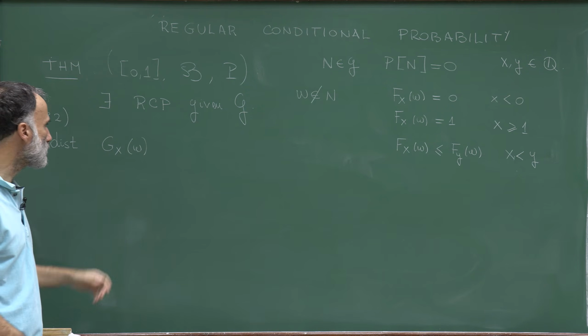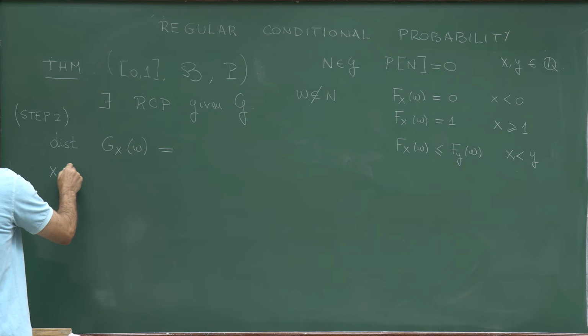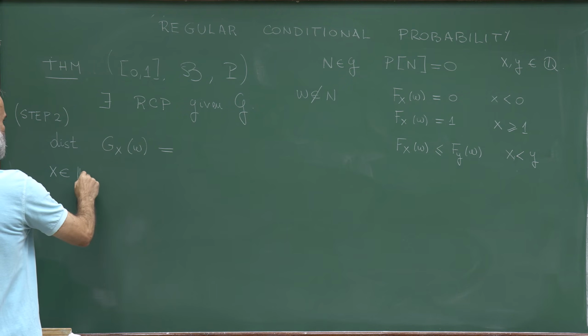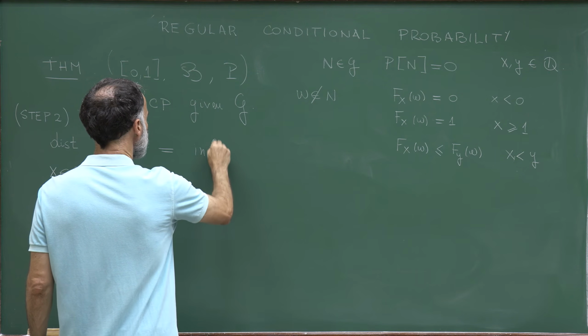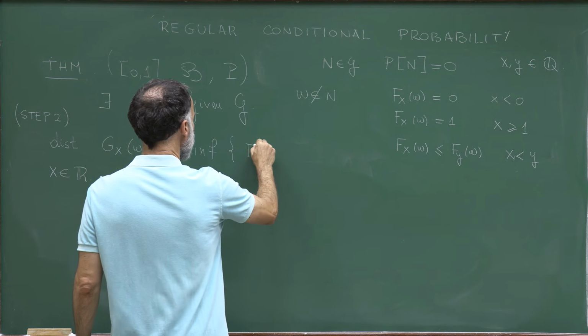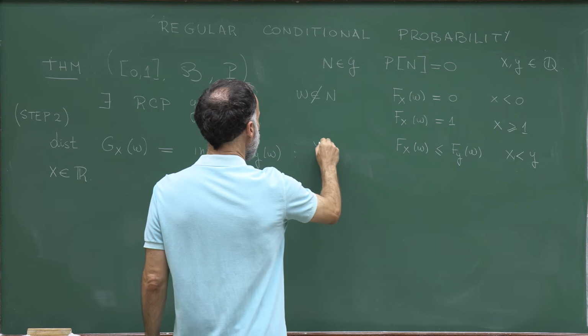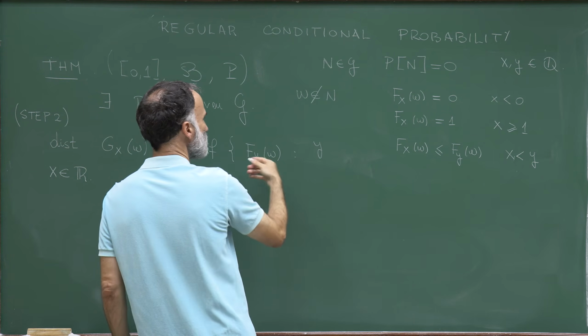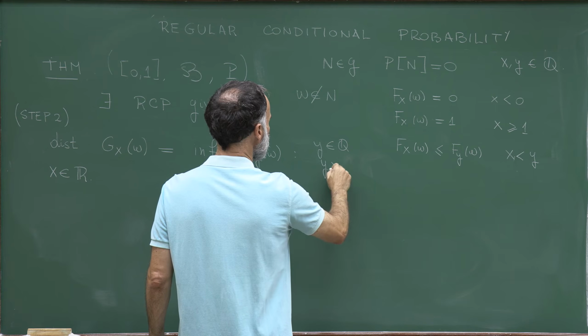So the definition, remember, omega is fixed. So the definition of gx, now x is a real number, will be to take the infimum of fy of omega, such that y, well, this is defined only if y is a rational number and if y is larger than x.